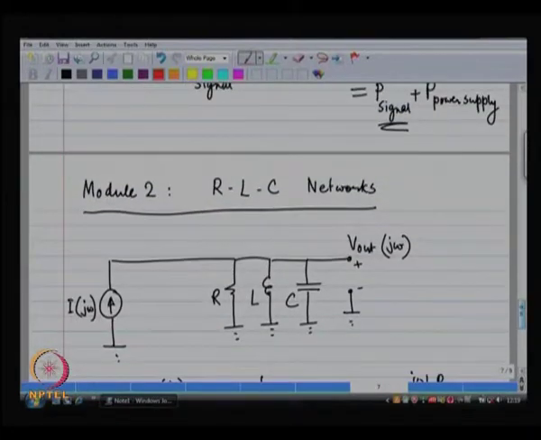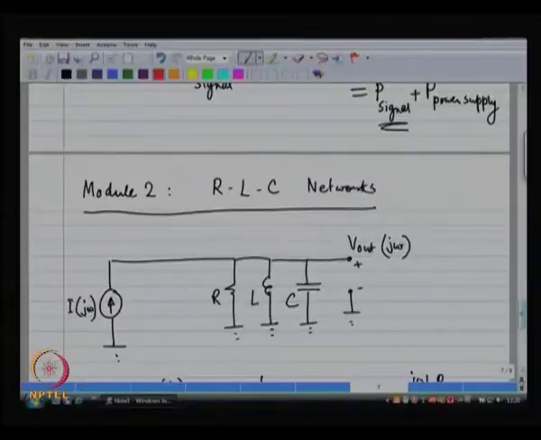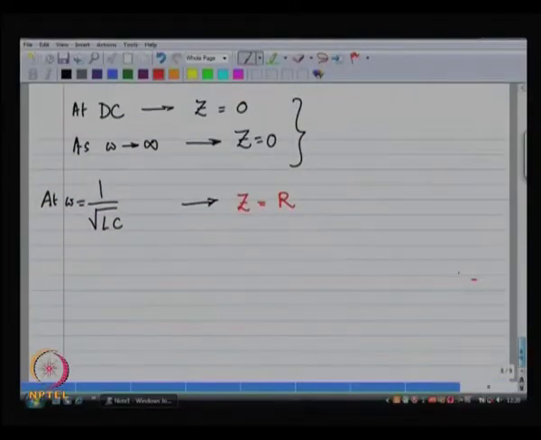What happens over here? At the resonant frequency, the inductor and the capacitor in shunt form something of an impedance that looks infinitely large. The shunt impedance of an inductor and a capacitor at the resonant frequency is infinitely large. So, you have R in parallel with something that is infinitely large, and as a result the net is R. Okay.